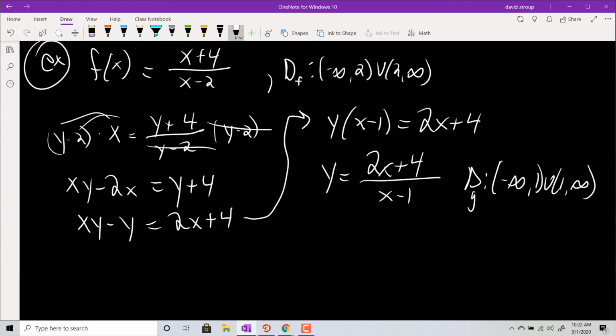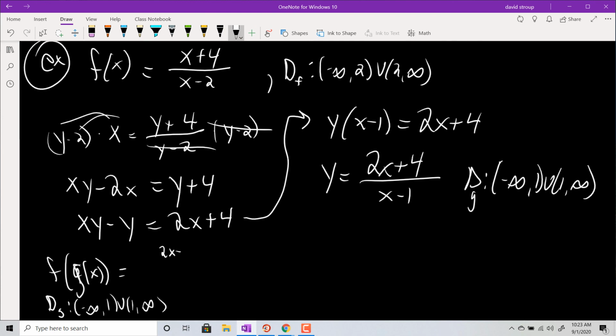If you're going to check these, f of g of x, to make sure they are in fact inverses, you just have to take into consideration the domain of g. So the domain of g is negative infinity to 1, union with 1 to infinity. In this case, f of g of x, what is that? Wherever you see x, put g of x.